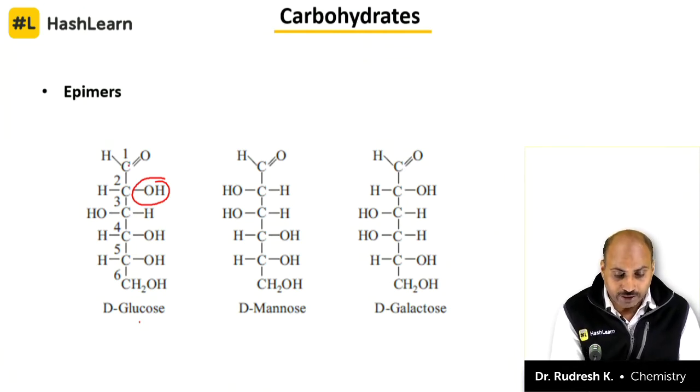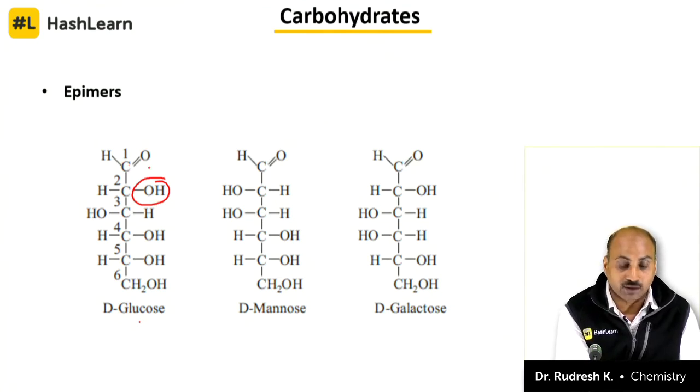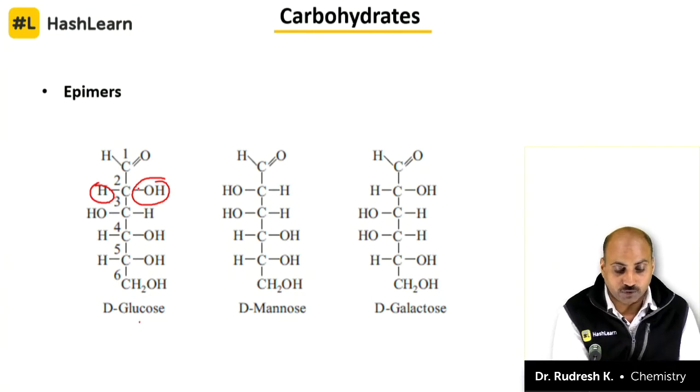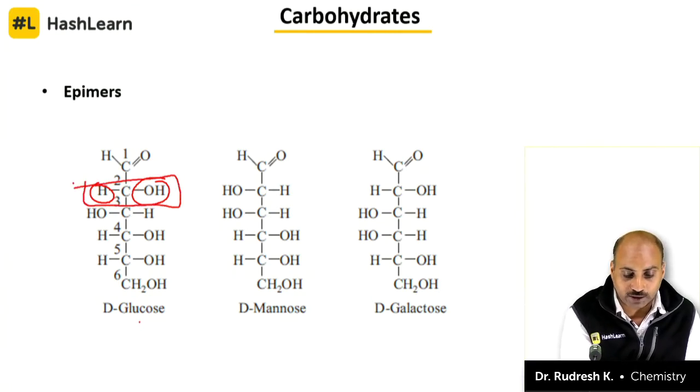Now look at the carbon containing the hydroxyl group which is next to the functional group. The H and OH in the second position, you have to look at very carefully here.